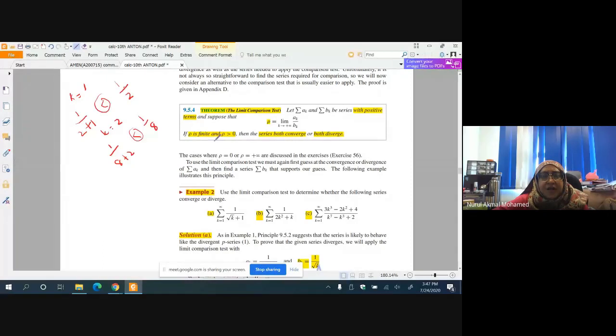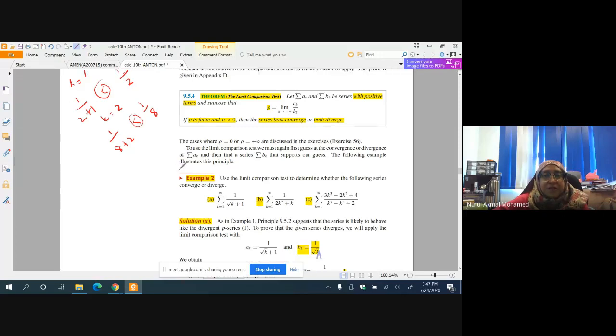If rho is finite and rho is greater than 0, then series both converge or both diverge. Okay, so if we know that AK converge, then the BK will be confirmed to be converge. If we know that AK is diverge, then the BK is confirmed to be diverge.